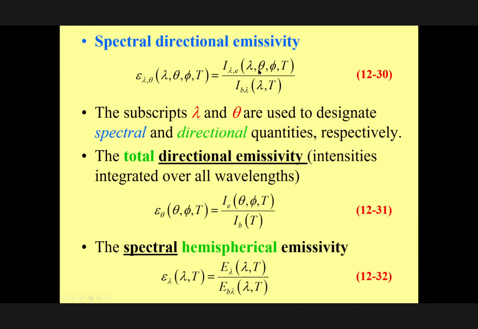Therefore, this is emitted from the body, the surface that we are dealing with, as a function here, to the black body. This ratio is called emissivity. Therefore, emissivity is a ratio of two. How much energy is emitted from the surface, relative to my reference one, the black body. The subscripts lambda and theta are used to designate spectral and directional. Therefore, these are for a given wavelength and a given angle.